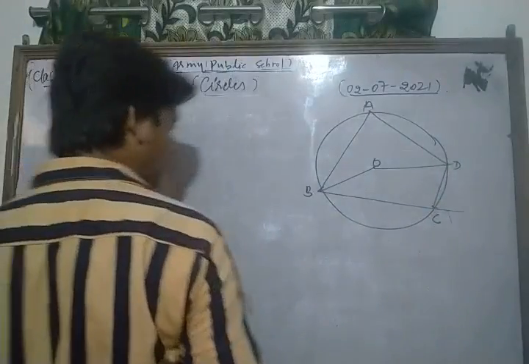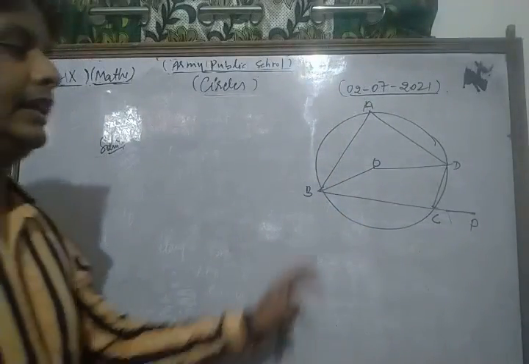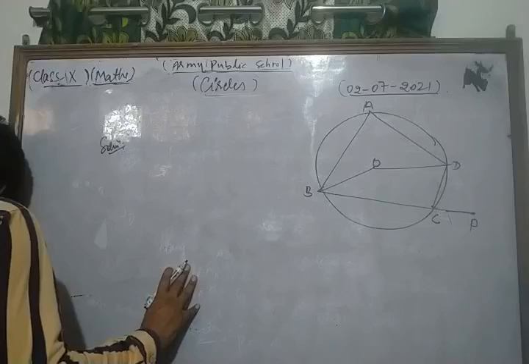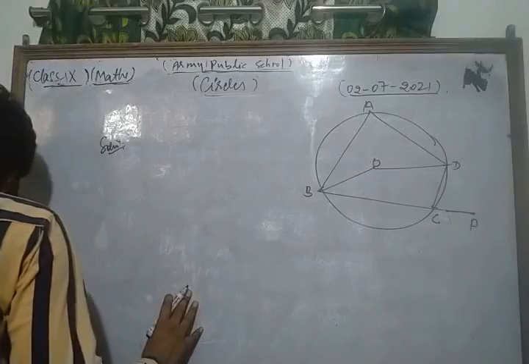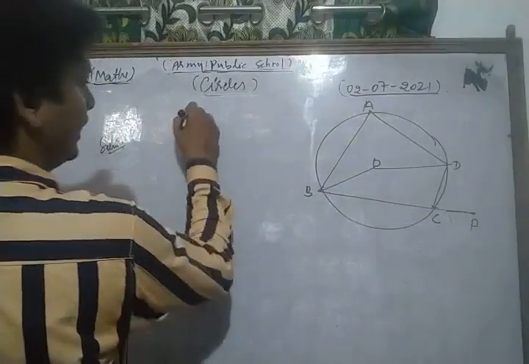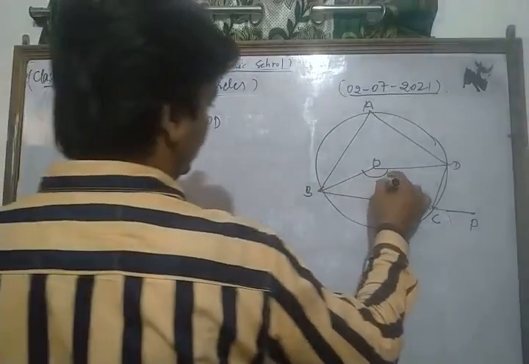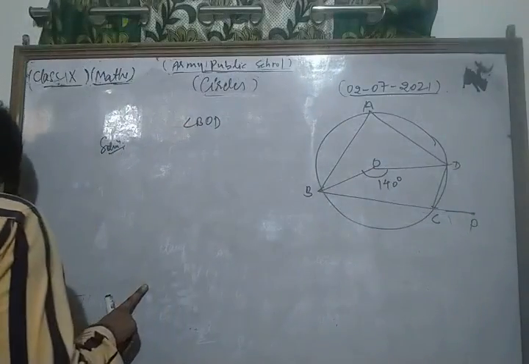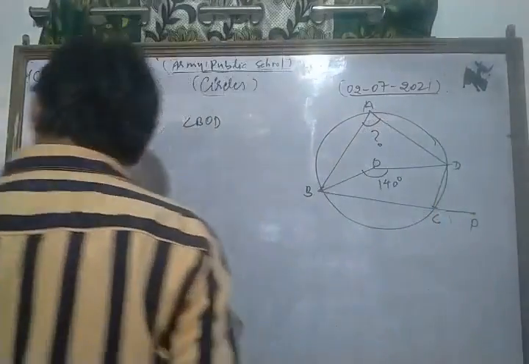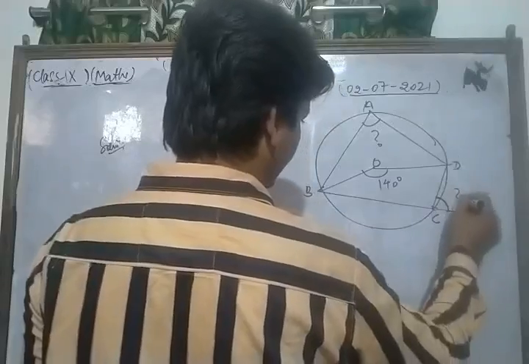This is produced to P. In that figure, it is given that angle BOD, the angle subtended by arc BCD, is 140 degrees. We find angle BAD and angle DCP, we find that angle also.